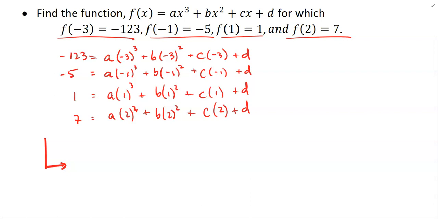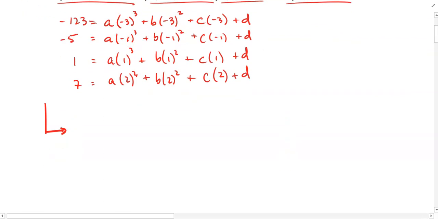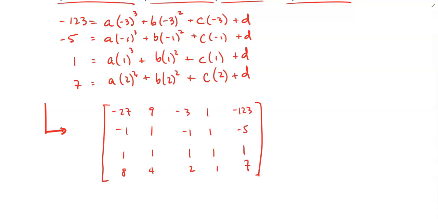So what we would like to do is rewrite this so that the matrix, if you will, of our parameters is written on the left side with the solutions on the right. That'll allow us to identify our augmented matrix, and then we can go ahead and move forward with solving this system. And so by considering what would happen after we simplify each of these substituted values, -3 cubed was -27, -3 squared was 9, and so on.